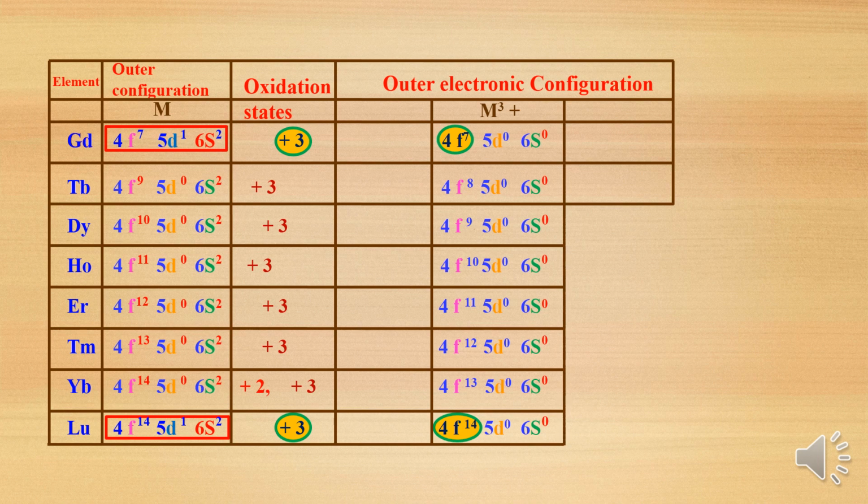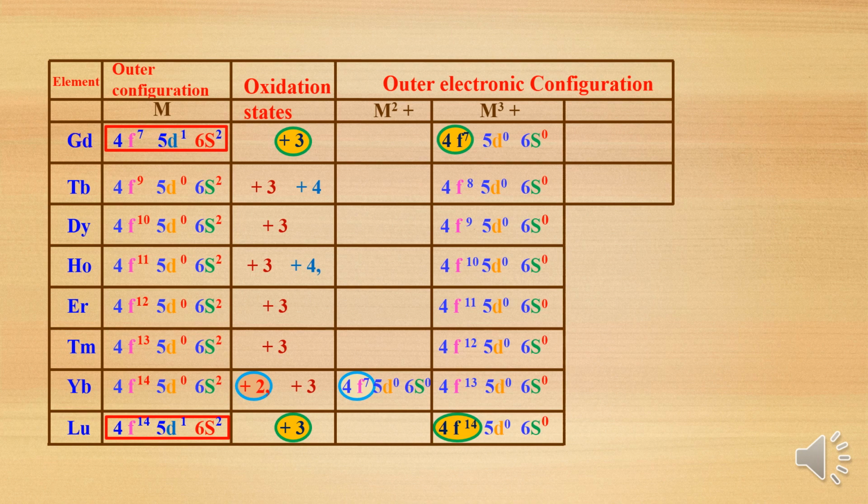You can see the next element, ytterbium. It possesses the plus 2 oxidation state, because of its electronic configuration. In the plus 2 oxidation state it achieves a completely filled configuration, 4f14 5d0 6s0.